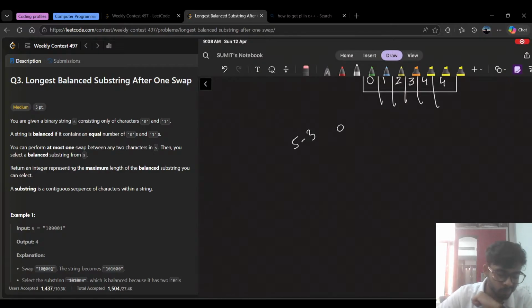Yeah, that's bad. Zeros of 0 is equal to s of 0 equals to 0. Again, it's giving me 6.